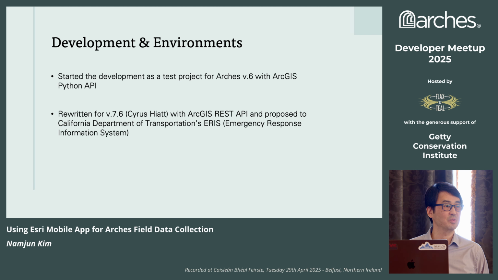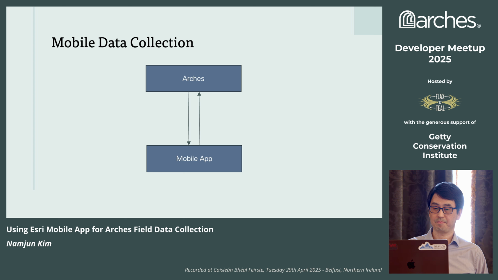So Cyrus was struggling with it, and it was mostly rewritten by Cyrus recently for Arches version 7.6 with the ArcGIS REST API. And it was actually proposed to the California Department of Transportation's ESRI system, the emergency response information system, for management and data collection.